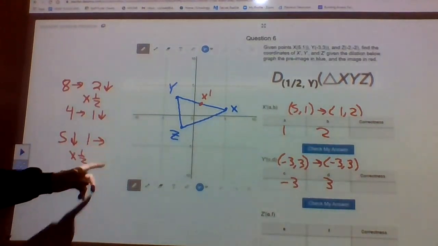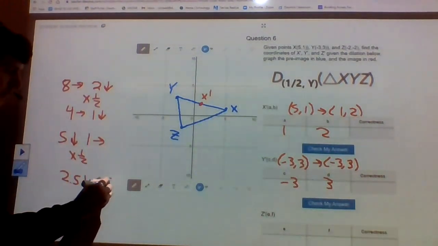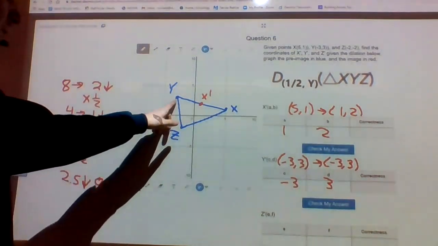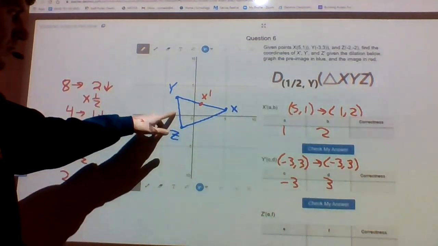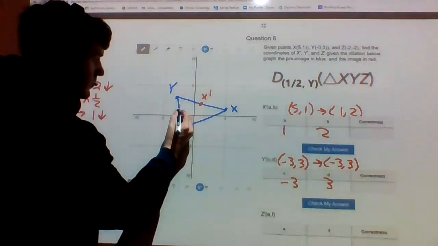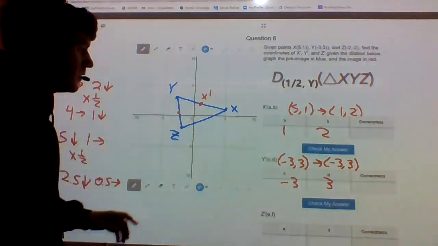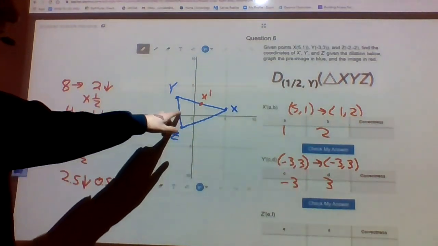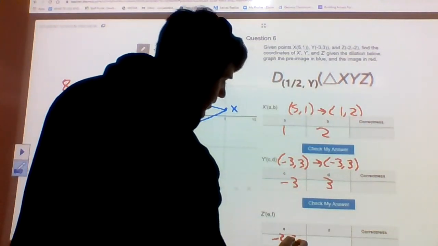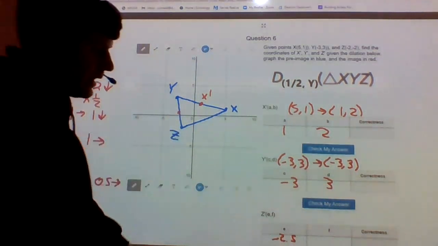Instead of 1 to the right, we only want to go 0.5 to the right. So we go back to our center of dilation, which is y. We go down 2.5, and we go right half. It's going to put us right here, which is going to be negative 2.5, and then up a half, so 0.5.